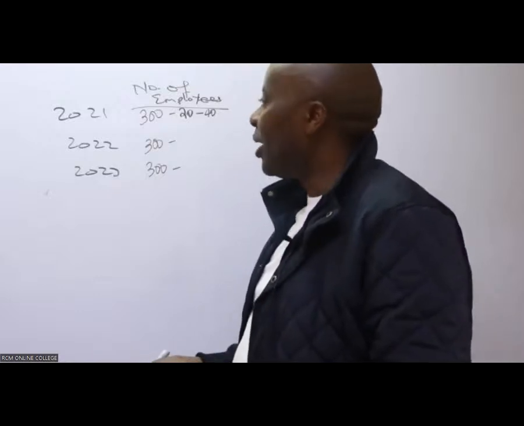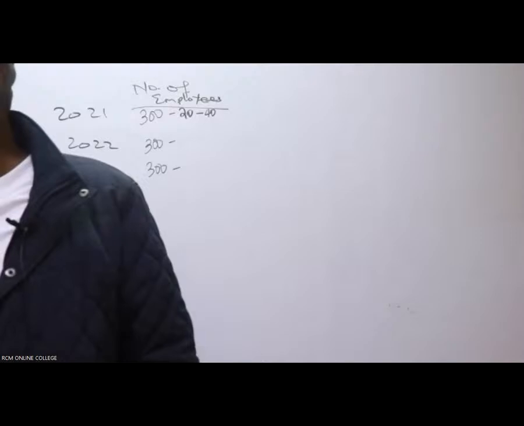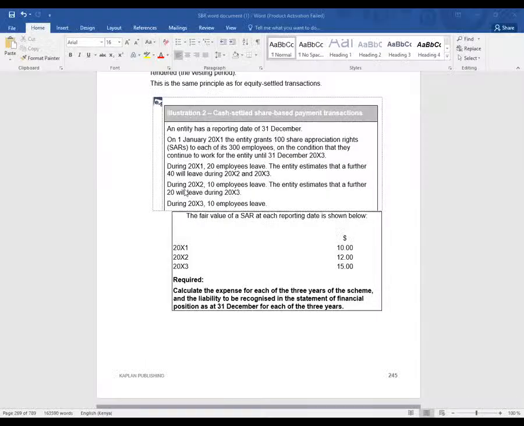Quite confusing. So we go to 2022. What do we have here in 2022? In 2022, we are beginning with 300, remember. But you're told that during 2022, 10 employees are leaving. And then the entity estimates that a further 20 will leave in 2023.